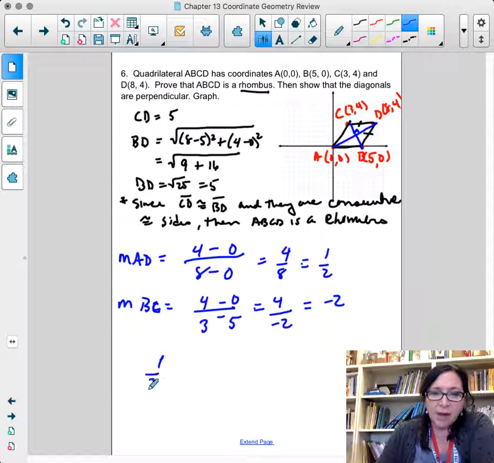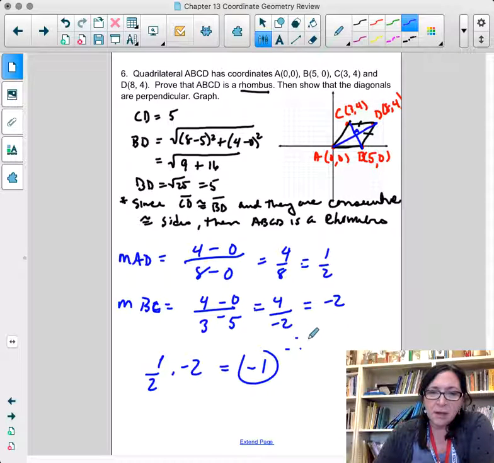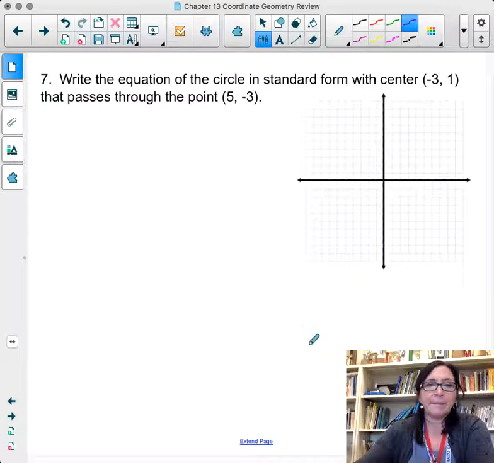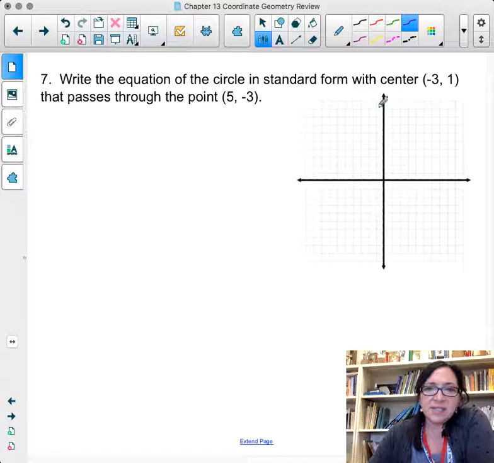So 1/2 times negative 2 is equal to negative 1. Therefore, the diagonals are perpendicular.